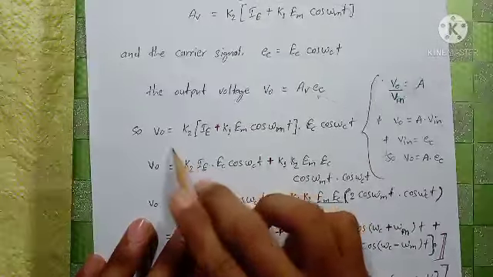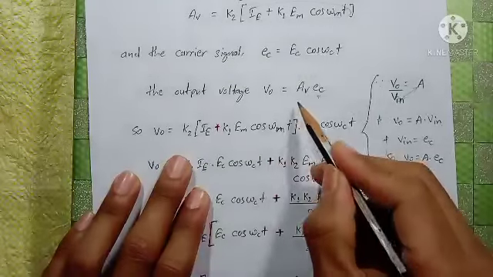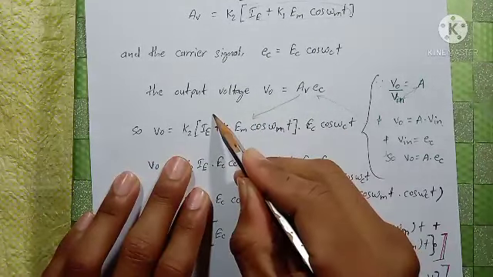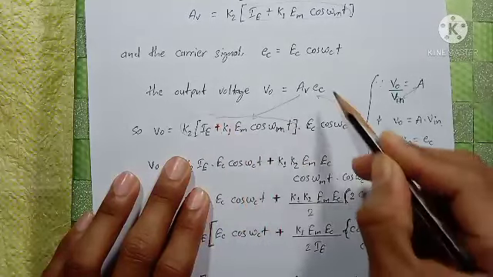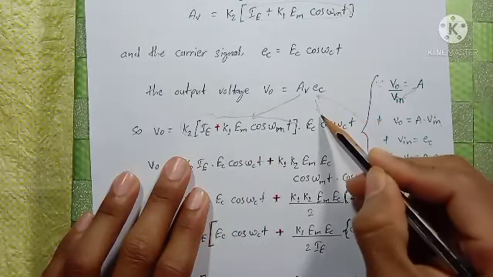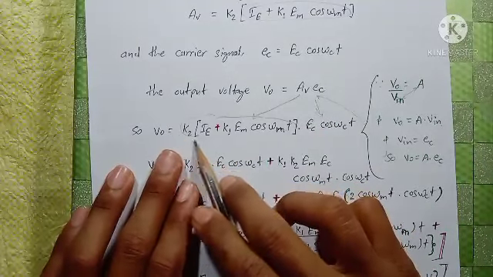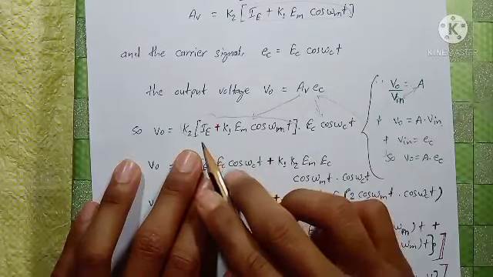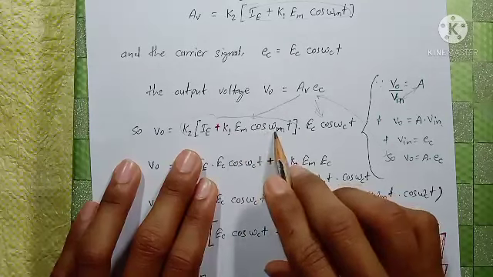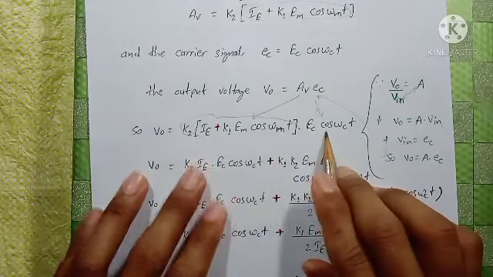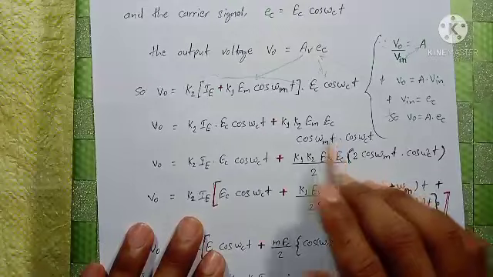So V0 is equal to AV into EC. We write V0 is equal to K2 into IE plus K1 Em cos omega m t, into EC cos omega c t.